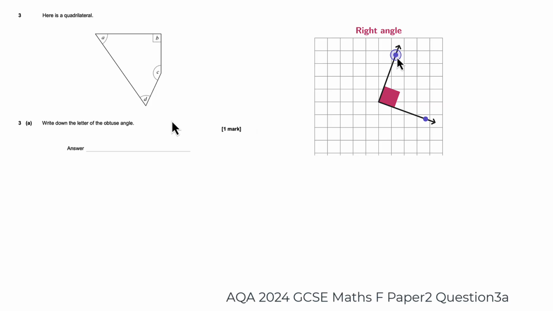Angles larger than a right angle all the way up to a straight angle, 180 degrees, are called obtuse. So all these are obtuse angles, and we go all the way up to 180 degrees, that's a straight angle. So anything less than a straight angle but bigger than a right angle is obtuse, and anything smaller than a right angle will be acute.